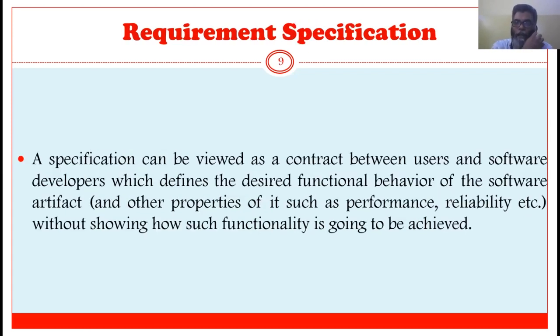Before going to requirement validation, what is the purpose of requirement specification? The requirement specification process derives formal software requirements models to be used in subsequent stages of development, and the purpose of producing a formal specification model is twofold. First, the specification model is used as an agreement between the software developers and the users on what constitutes the problem which must be solved by the software system.